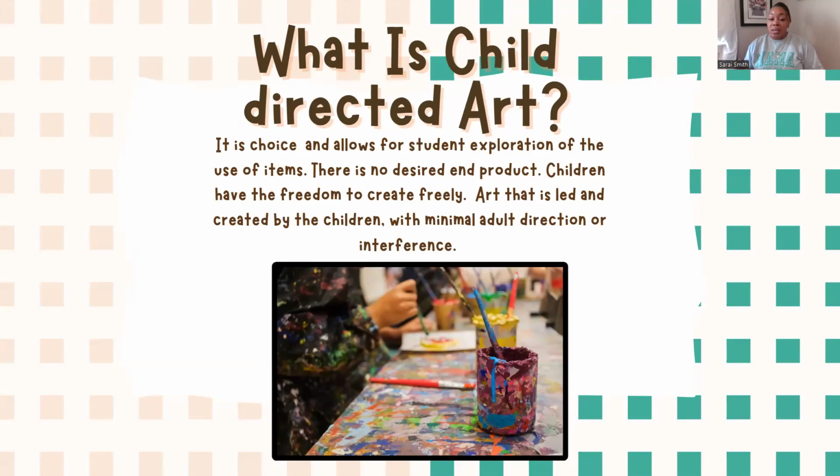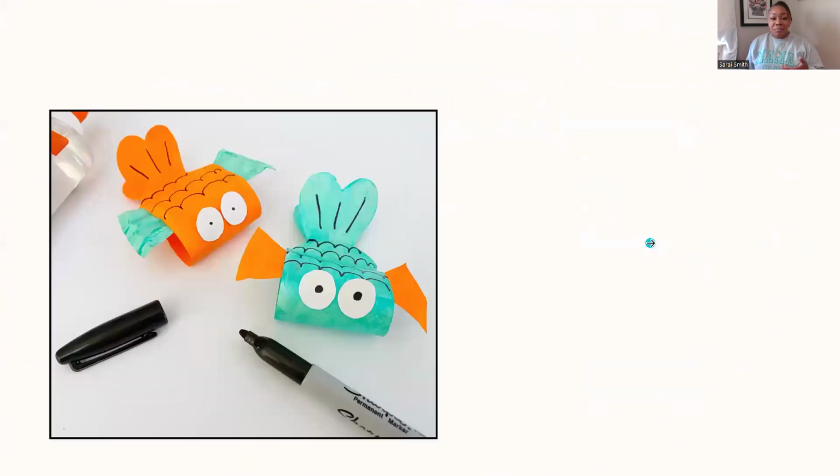Because I am going to set an example and show them, hey, look, you can cut up these pieces of construction paper and create different shapes, and you can take your glue stick, rub glue on the back, and stick it to the butcher paper. I am giving them some type of direction to give them a basis of what they can do, but I'm not taking control of the situation. So that's when that minimum portion of teacher interference comes in.